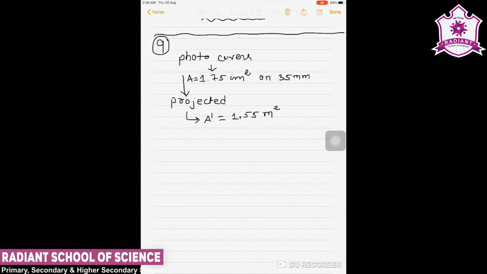See here, earlier it is given in centimeter square, here it is given in meter square. Then find out the linear magnification of the projector screen arrangement.